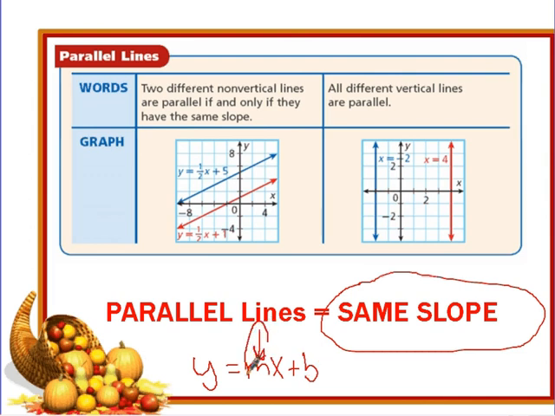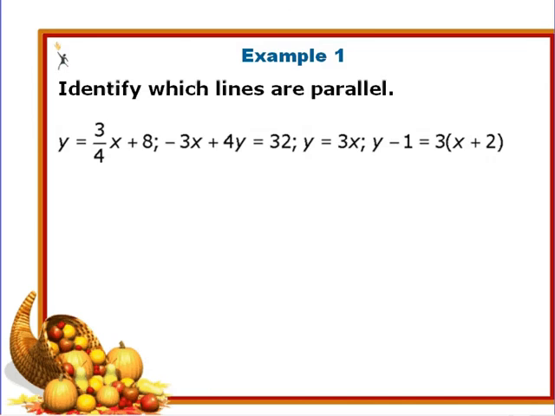So the number that's filled in for m on both parallel lines will be the same. And if you're dealing with vertical lines, all vertical lines are parallel. We need to find out in this slide which lines are parallel, and it's hard to tell, but there are 4 different line equations here, so let's split them up.